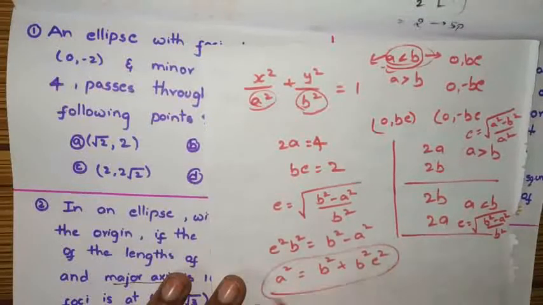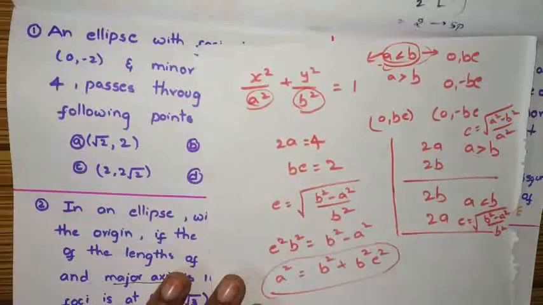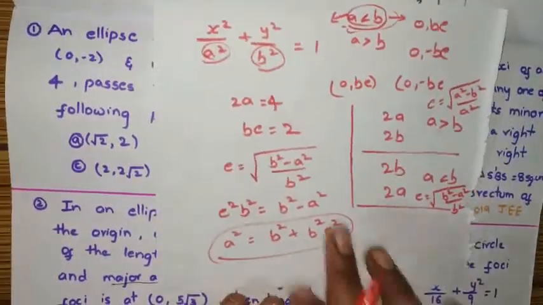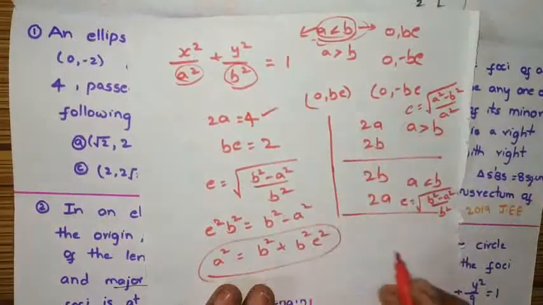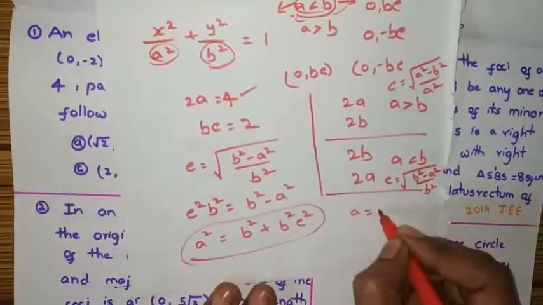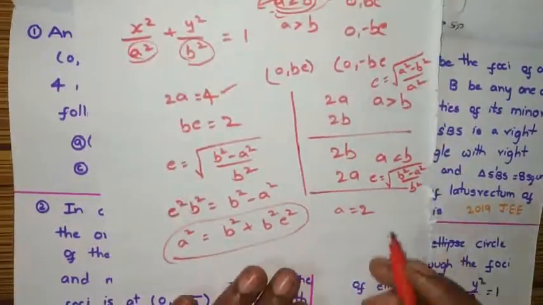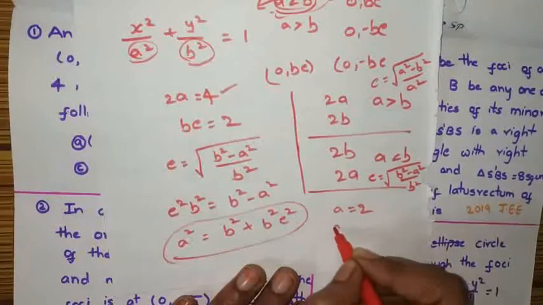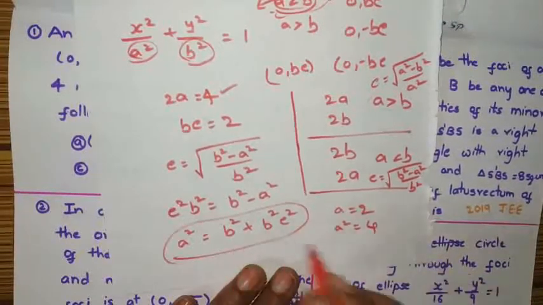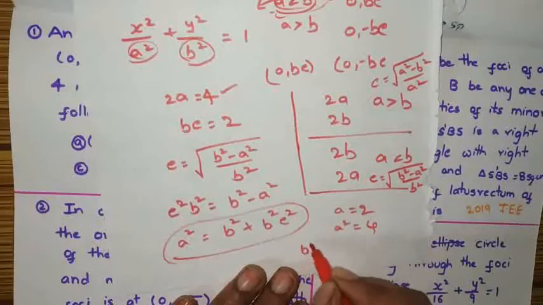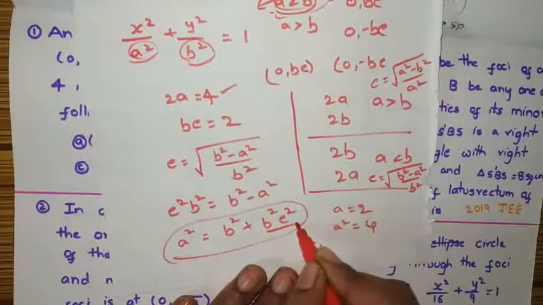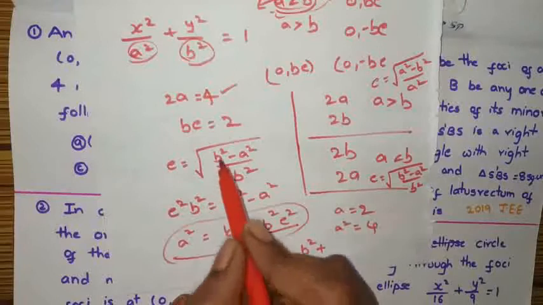Okay, now this point you substitute here. Suppose from this we will get A value will be 2. A value is 2. Now square this. A square is equal to 4. A square value substitute this: B square minus B square E square value. What is the B square E square value?